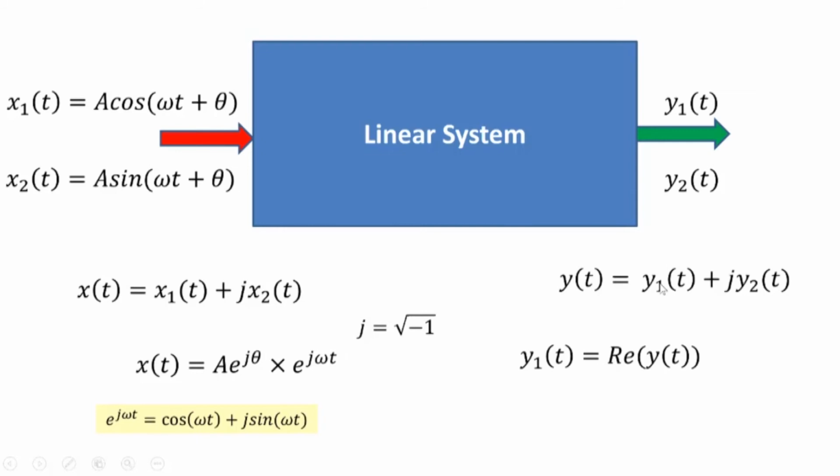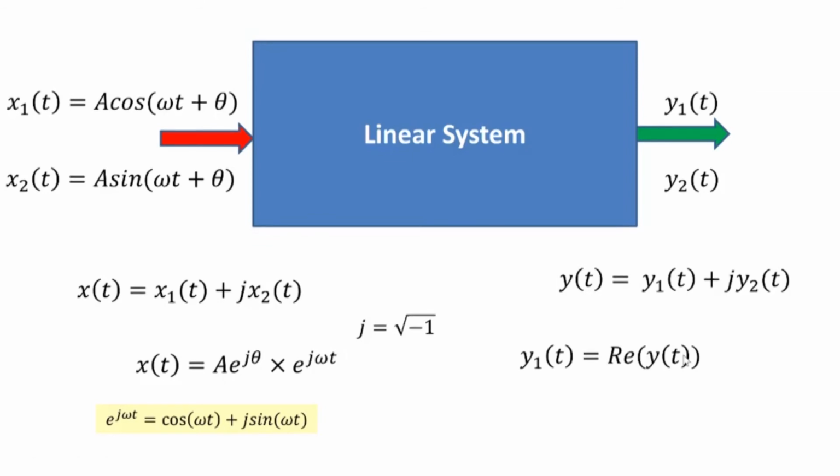So the idea is as follows. You are actually interested in the response of the circuit to x1. But what we are saying is, suppose you find the response of the circuit to x(t), which is x1(t) plus j x2(t). If you find the response to x(t), which will be y(t), which is y1(t) plus j y2(t), then the response to x1 would be nothing but the real part of y(t).